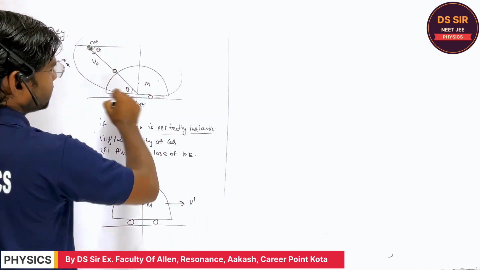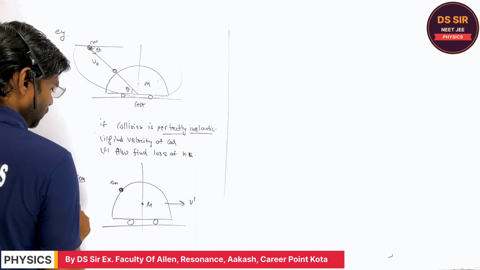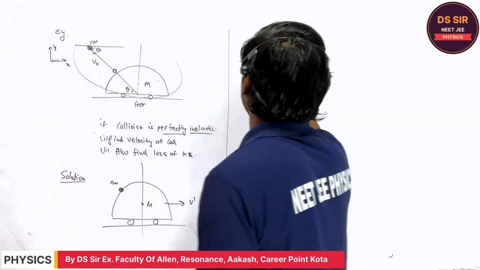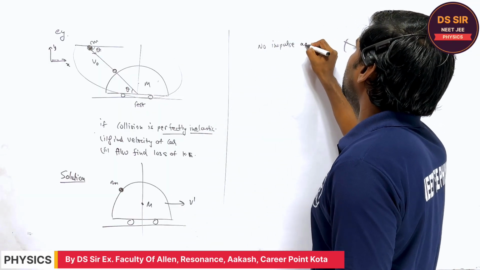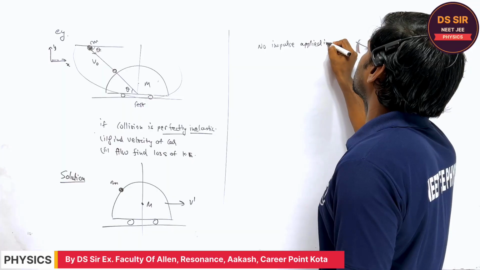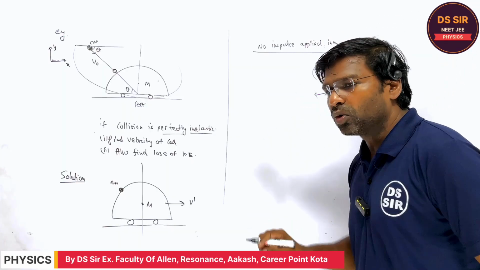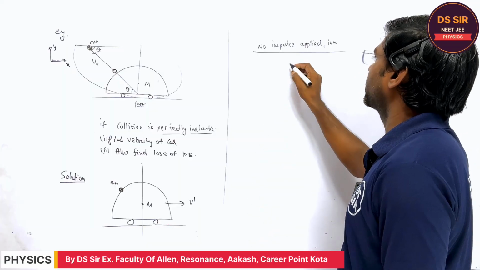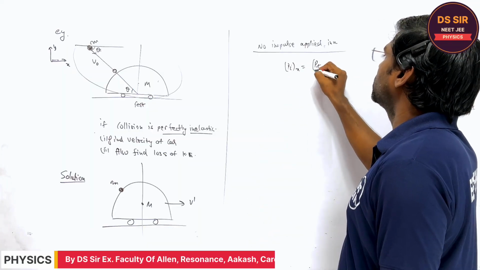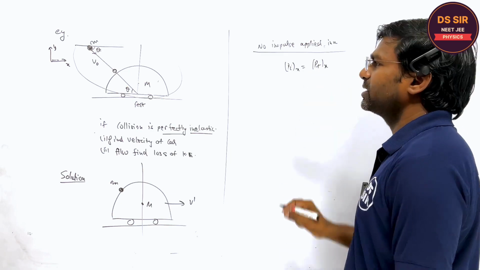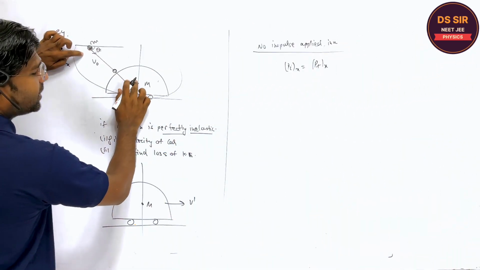If you consider this the system, there is no impulse applied in the x direction. In the x direction, no impulse is applied, therefore no change in momentum in the x direction. So the initial momentum in the x direction of the system is equal to the final momentum in the x direction of the system; it remains constant. What is the initial momentum? The trolley is at rest.